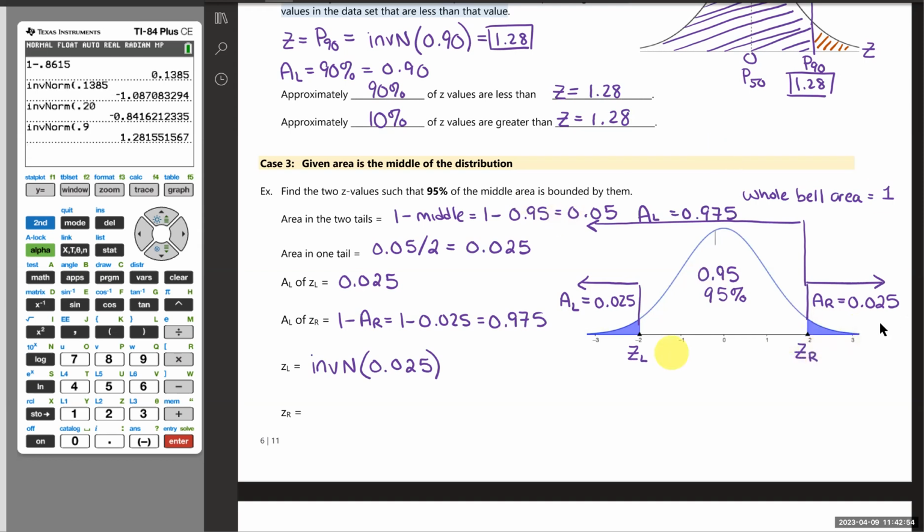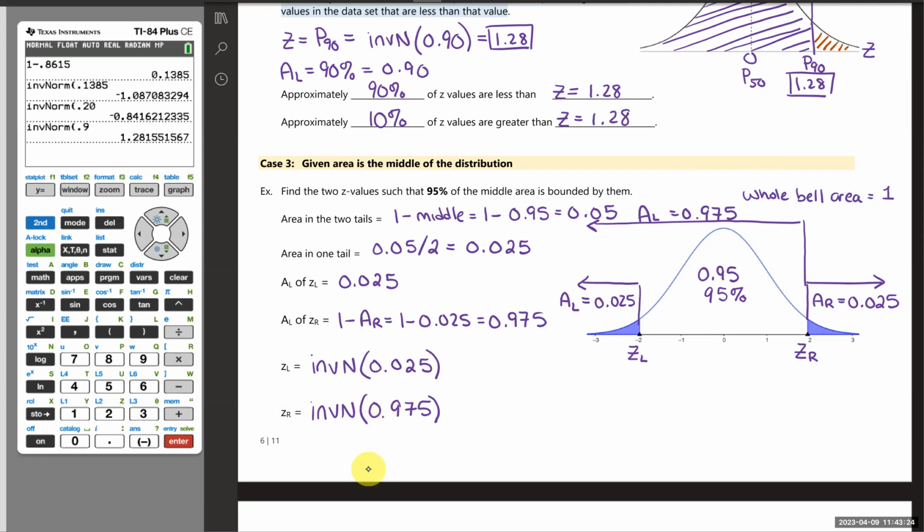All this geometry of a bell is going to be important, seeing how you can break things into different areas. We're picking the area that's going to help us find the z-score. For the z-score on the right, I would inverse norm the area to its left.